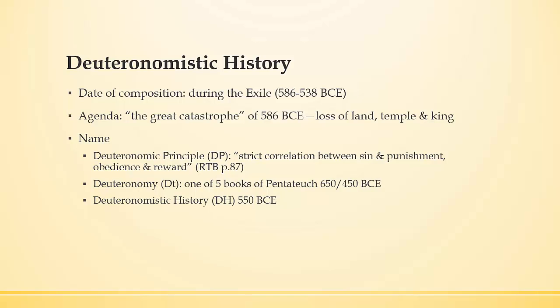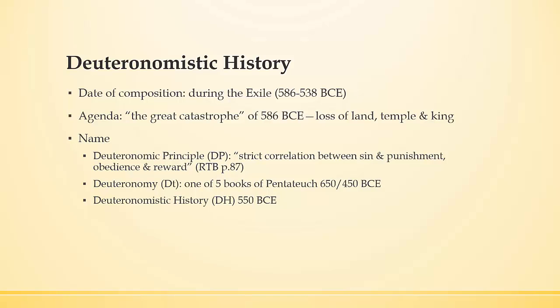The Deuteronomistic history, about this same time, around 550, brings together the many memories and writings of the history of the kings of Israel, the kings of the northern kingdom, the southern kingdom, from the time of David and Solomon all the way to the destruction of the kingdom and later the return from the exile.